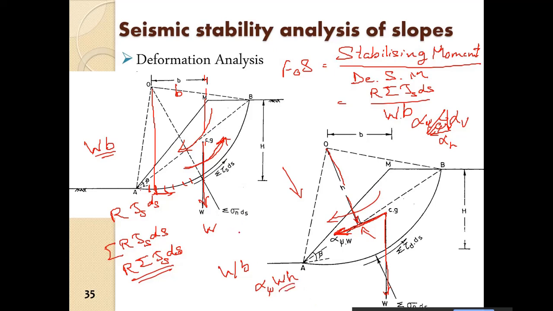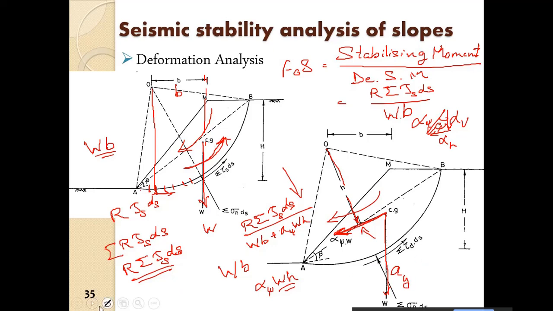Now the factor of safety will be given by, again the stabilizing moment will remain the same, tau s ds, but you can see here the destabilizing moment has increased. Ultimately, in this case also we can find out the yield acceleration that is required.